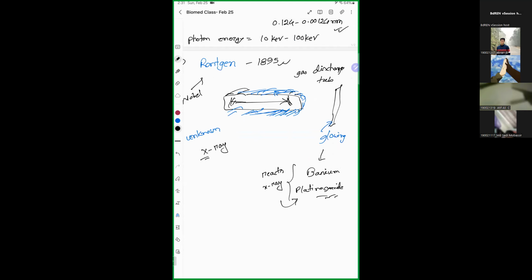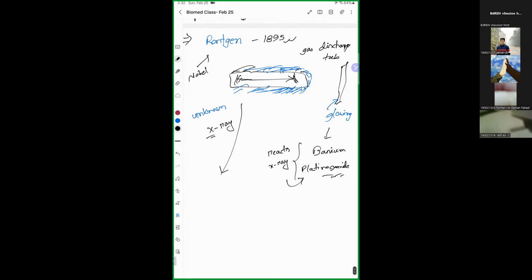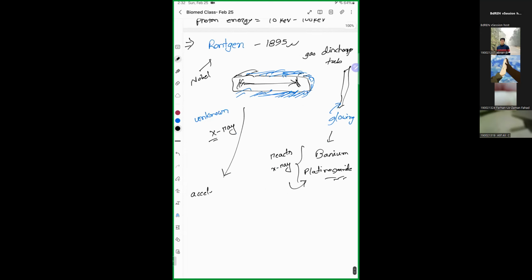Now, here what he was actually doing inside, he was working with accelerated electrons. The electrons were traveling. He was creating these accelerated electrons here, and they were traveling through a vacuum. This gas tube was actually a vacuum.